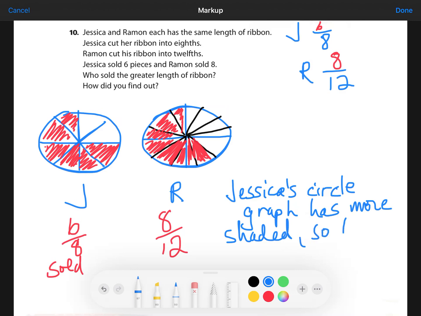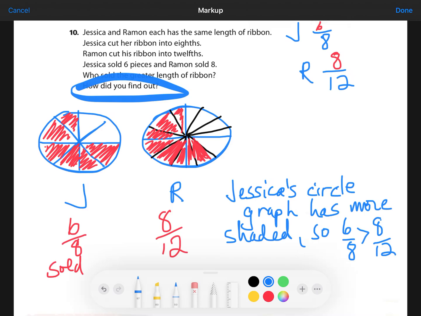So 6/8 is greater than 8/12. And how did you find out? Honestly, if you show your thinking every step of the way, you're proving it as you go.